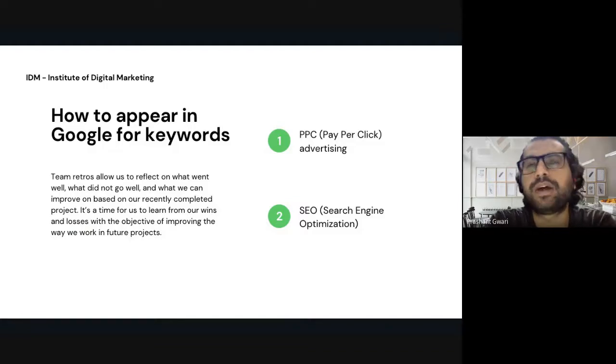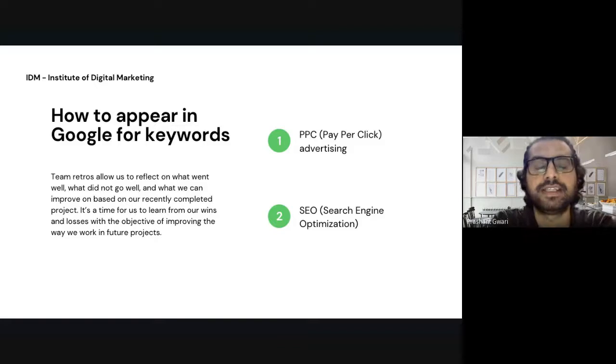Number one is PPC, that means pay per click advertising. So you have to pick your keyword and bid on that keyword with your competitors. And if you win the bid, your website will be on the first page and on the first rank. This is one way of appearing on Google with the help of keywords.